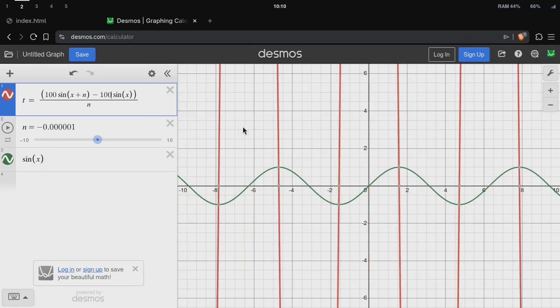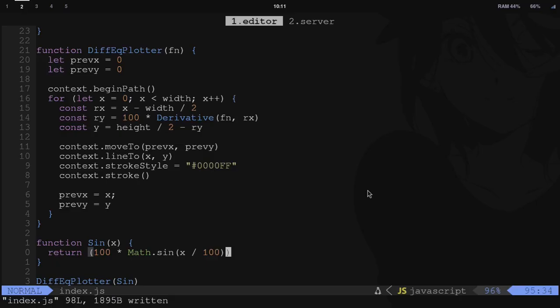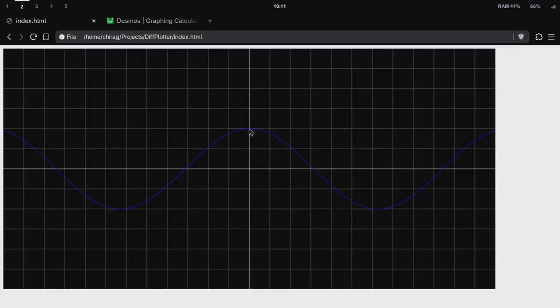Even when this is 100 times, the cos remains pretty small, and that's the reason I was getting smaller values right here.